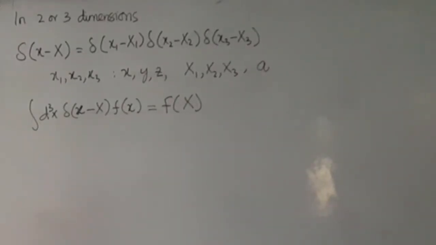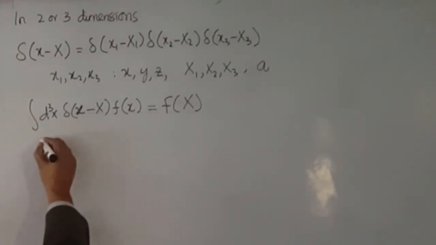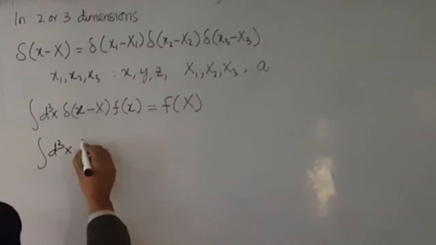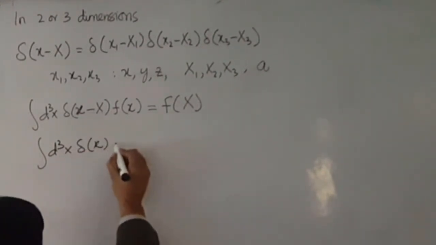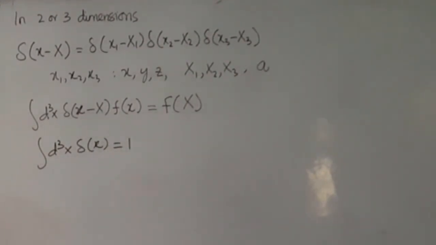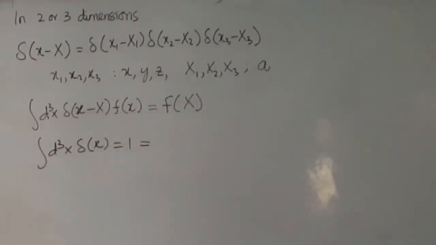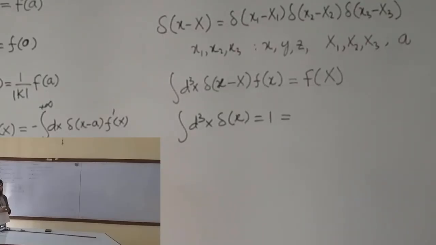So how will we write our delta function in cylindrical polar and spherical polar? Let's start from this relation. We know that the integral of d cube x delta(x) will always be equal to 1. So if I write this d cube x in spherical polar coordinates, then this is the volume element.